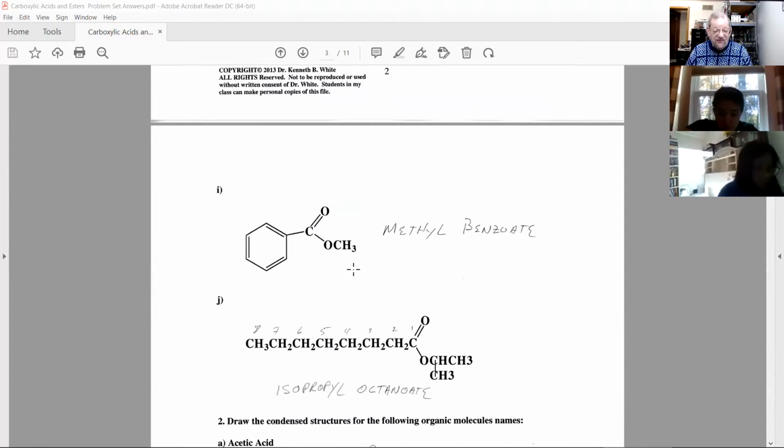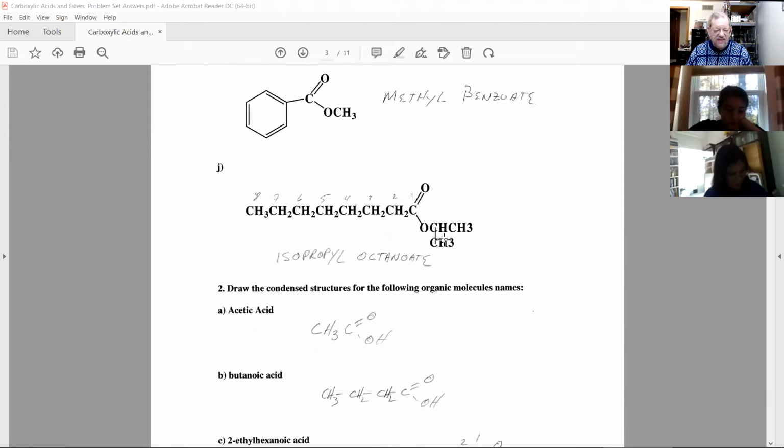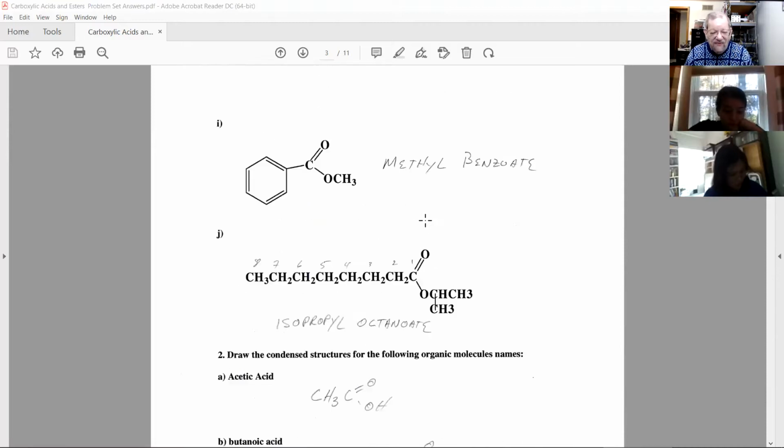And since it's an ester, you have the R prime, the group on oxygen here, you name as an alkyl group in front. Oh, excuse me. And that's methyl benzoate.